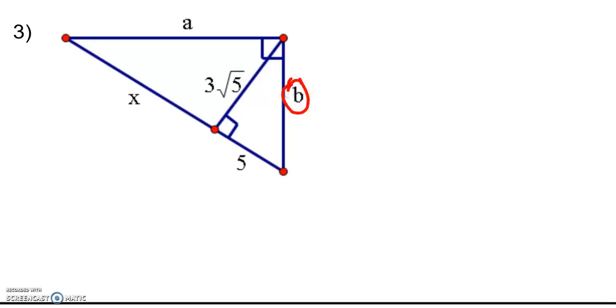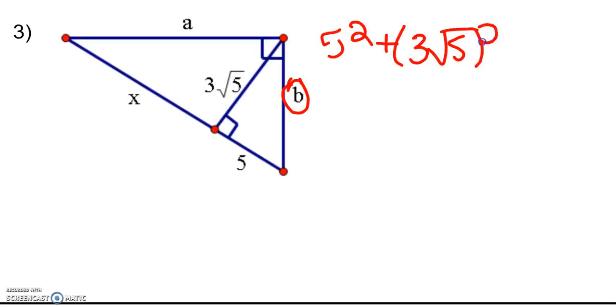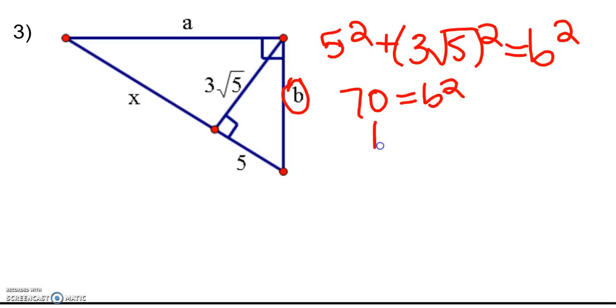Alright, so we want to do 5 squared plus 3 root 5 squared equals b squared. So then we should have 70 equals b squared, which will give us b equal to square root of 70.